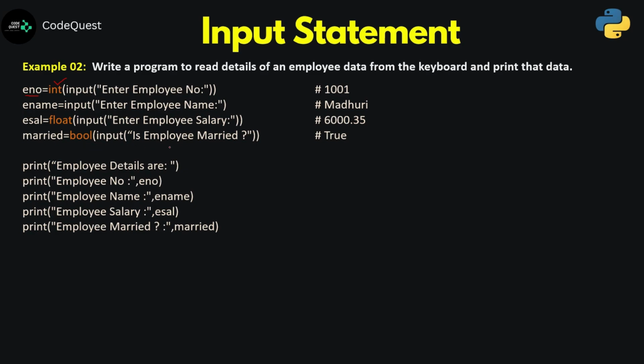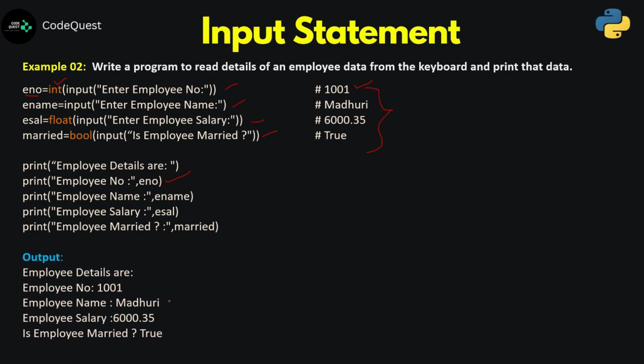Here I am supplying some input which is a boolean type. Imagine that these are the set of values that I have supplied for the employee number, name, salary, and married. So when I display the results, I'm going to get everything: eno as 1001, ename as Madhuri, employee salary 6000.35, and employee married as true.